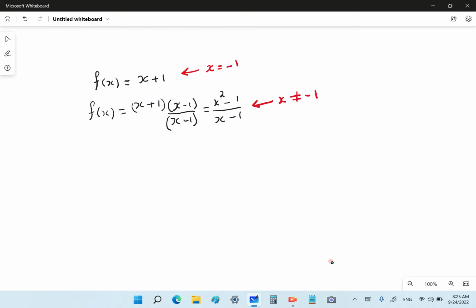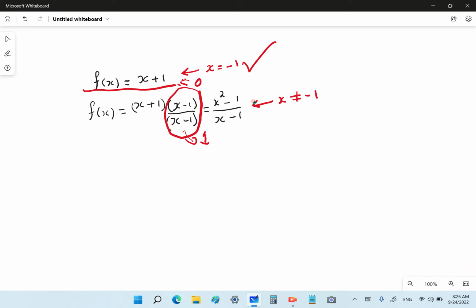Over here we have this typical scenario you find in limit theory, where you say a function is equal to this, and in this particular instance x can be minus 1, because minus 1 plus 1 is equal to 0. So x equals minus 1 in this expression is fine. But then if you multiply it by 1, because this here is equal to 1, it cannot be interpreted as anything else.